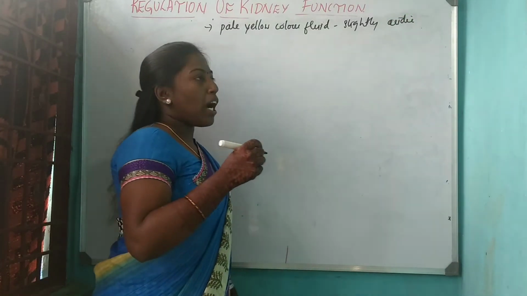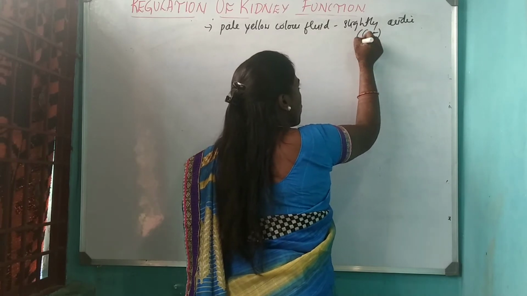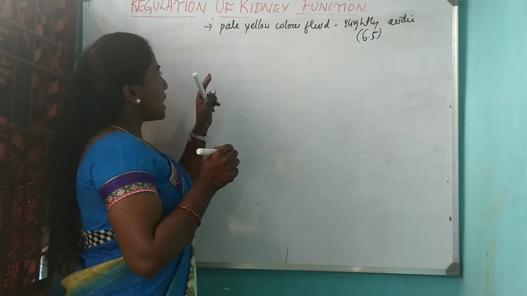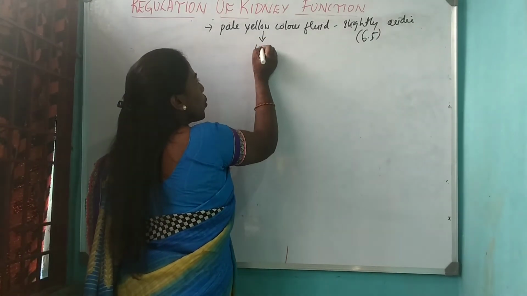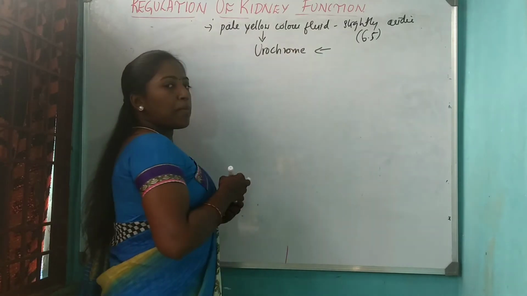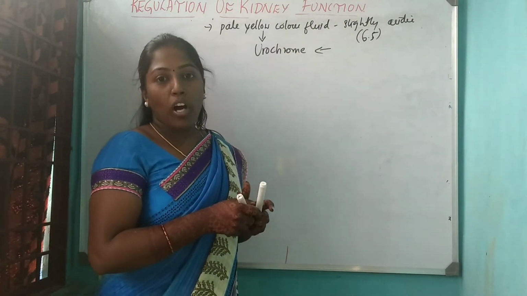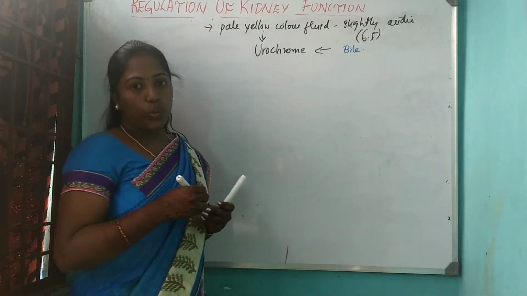The pH is around 6.5, and it is pale yellow because it contains a pigment called urochrome. This pigment is formed by metabolism of bile juice.